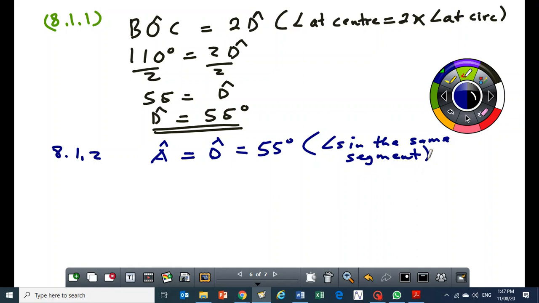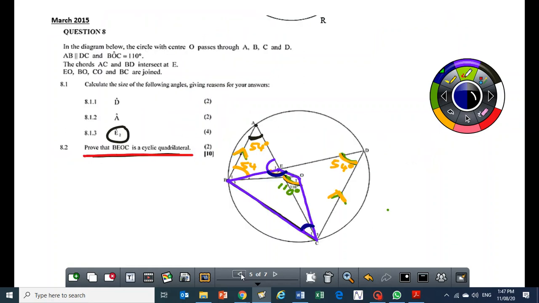Then 8.1.3. I said if this is 55, that's also 55. And this one here is 55. So the angle from here, that is E2, must equal 55 plus 55.